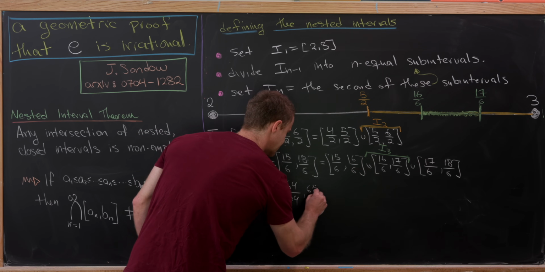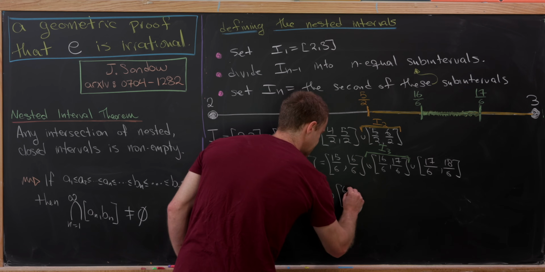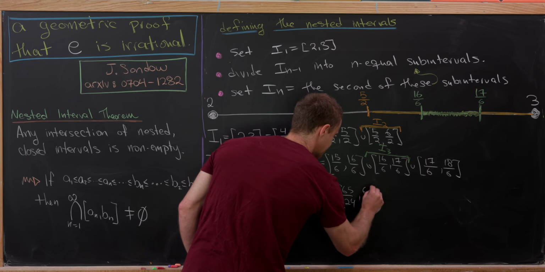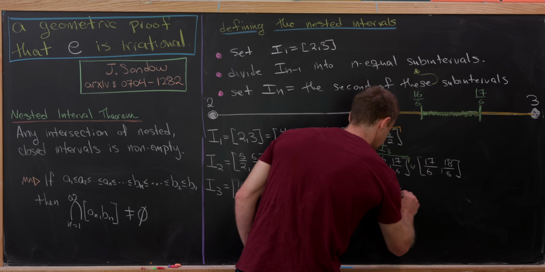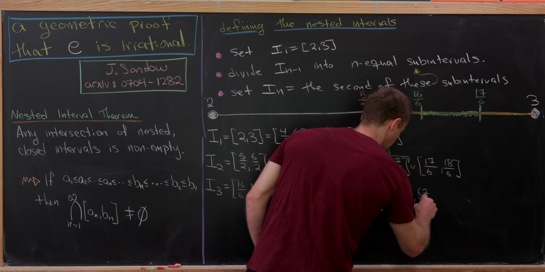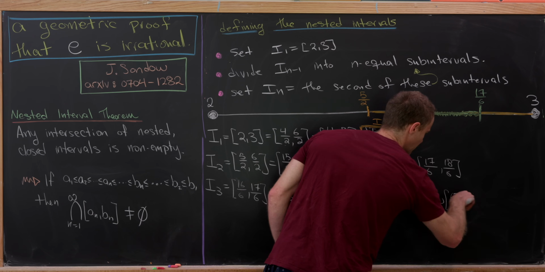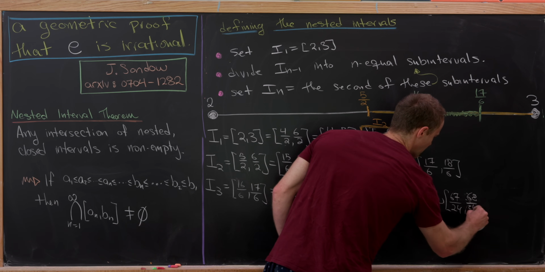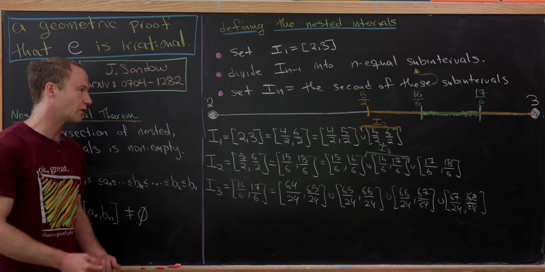So that'll be 64 over 24 to 65 over 24, union 65 over 24 to 66 over 24, and then next we'll have 66 over 24 to 67 over 24. And then finally rounding that out will be 67 over 24 to 68 over 24. And that's the complete dissection of I sub 3 into 4 equal pieces.